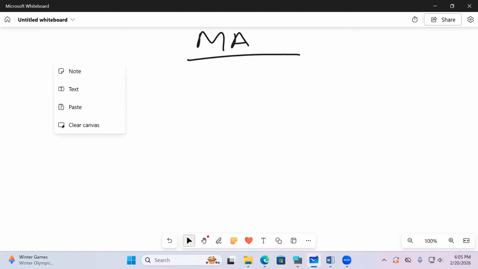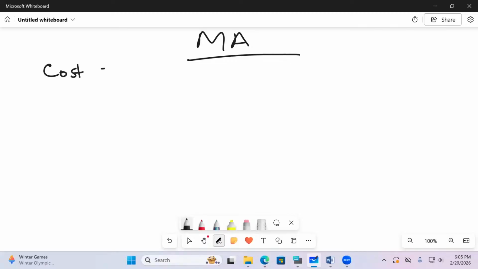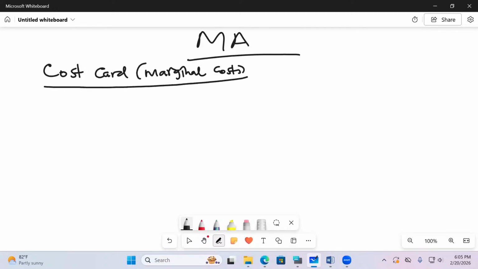So the cost card. What do we have here as our cost card? Cost card, marginal costs. What are you able to remember about marginal cost, my students?